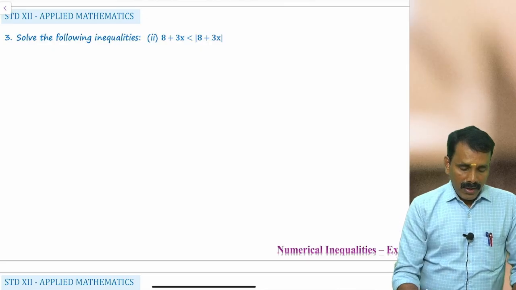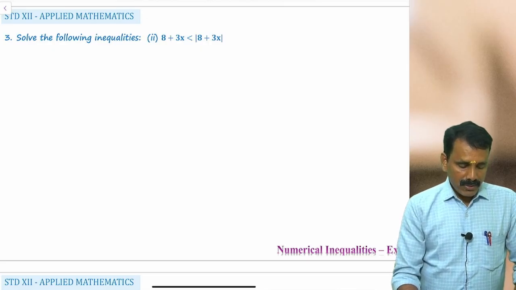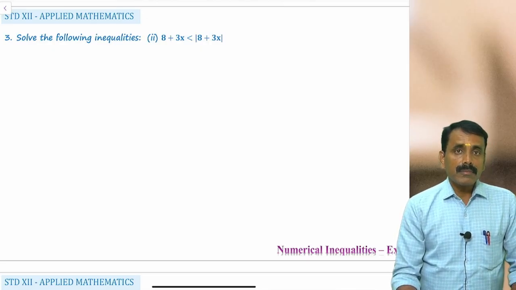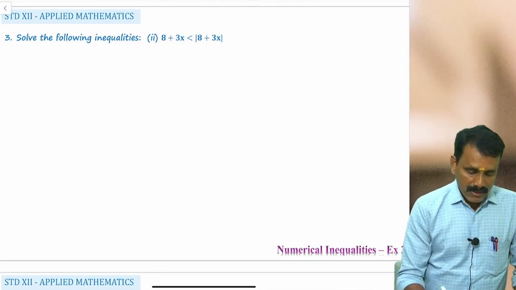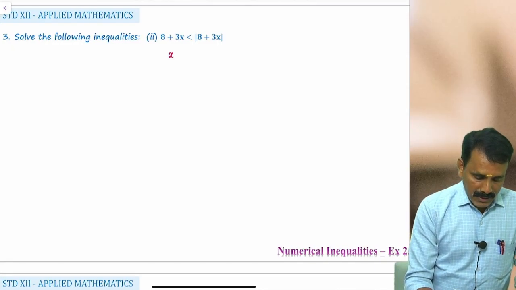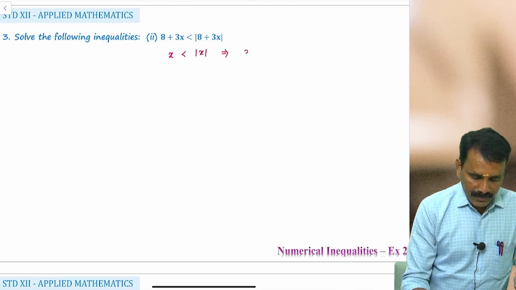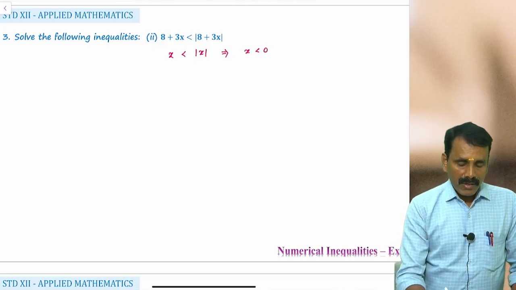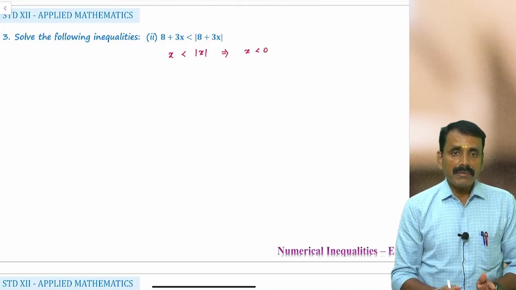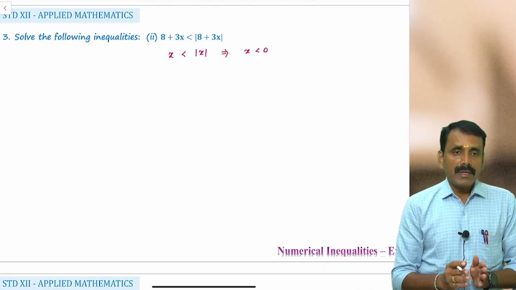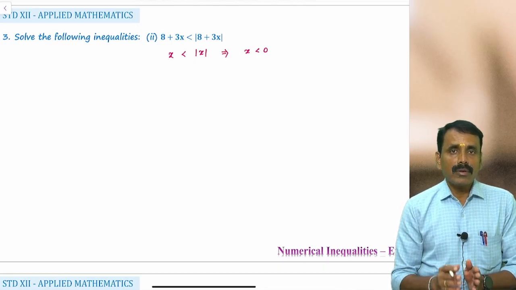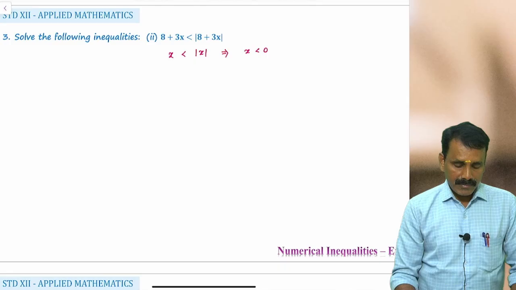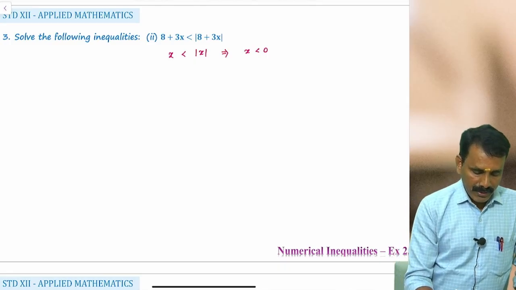We have seen one property in the introduction part of solving inequality with the modulus. x less than mod x can happen only when x is strictly less than 0. Whenever x is negative, then x will be less than modulus of x.